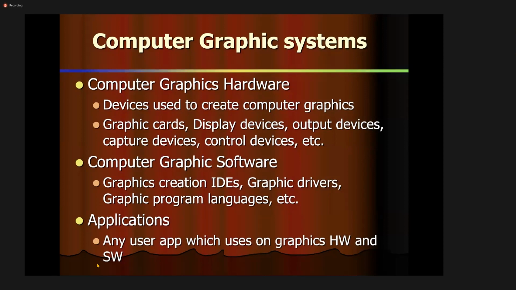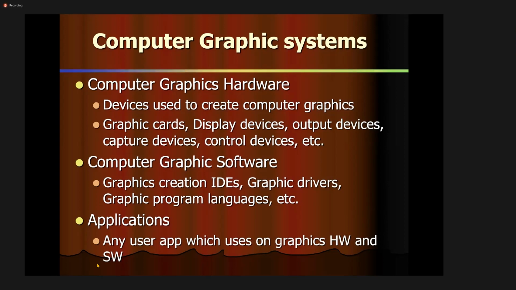And when we go to the other part, that is the 3D graphics, we are going to discuss 3D graphic creation with the different operations, right? So the computer graphic system can be divided into two categories: computer hardware and computer software, right?